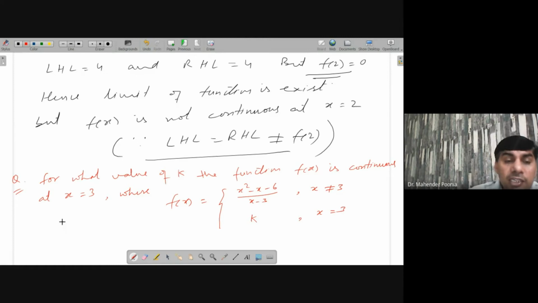In this question, it is given that the function f(x) is equal to x square minus x minus 6 divided by x minus 3 when x does not equal 3, and when we take value of x equal to 3, then the function has the value k.